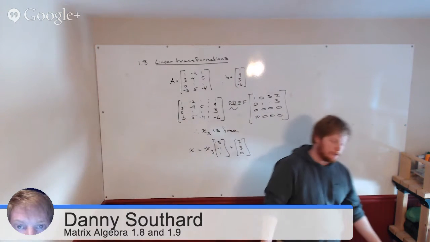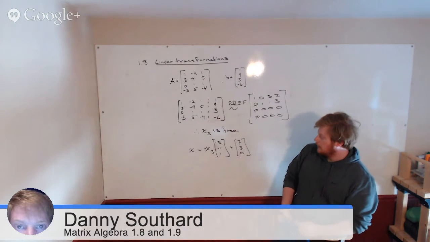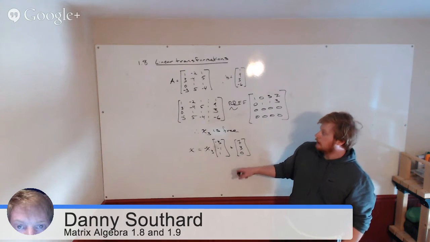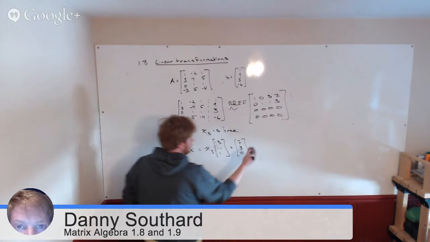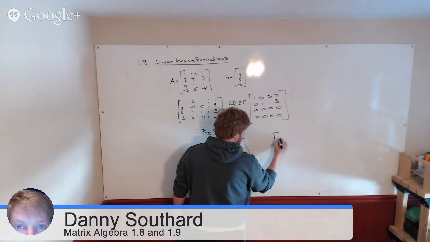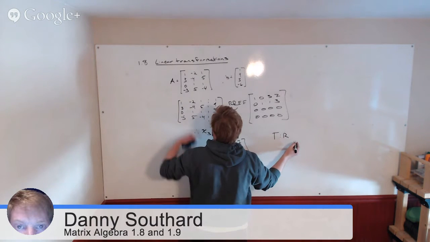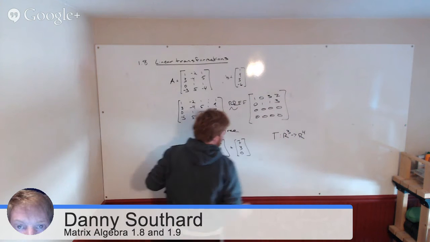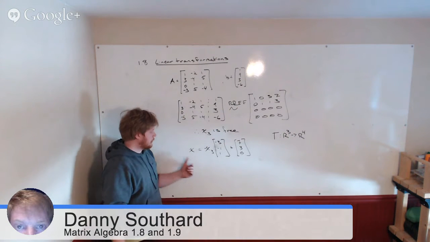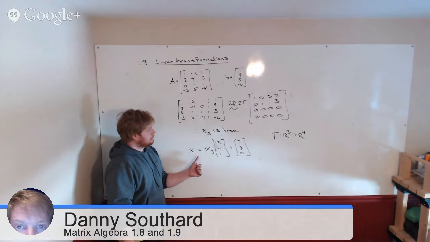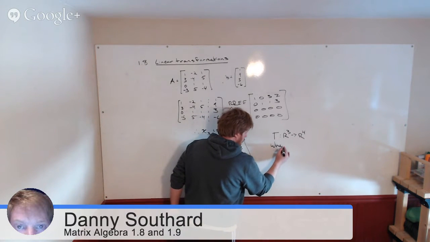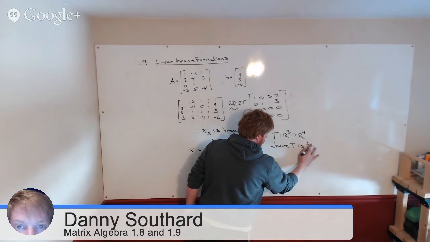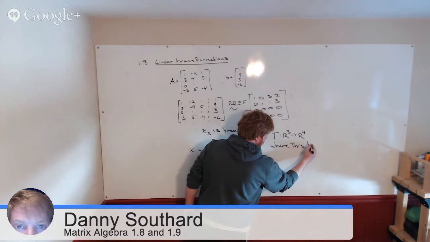Now, when we start talking about onto and one-to-one, remember that this still could represent a function, the transformation T from R3 to R4 can still represent a function where T of x is Ax.